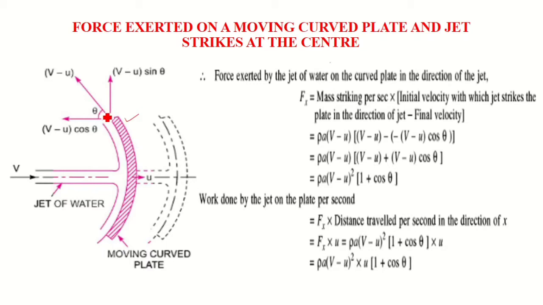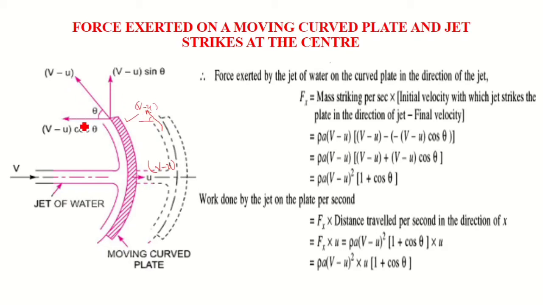In the x direction, it is striking with velocity v, and it strikes the plate with a relative velocity of v minus u. After striking the plate, it leaves at an angle of theta degree with the x-axis, with the relative velocity itself, that is v minus u.